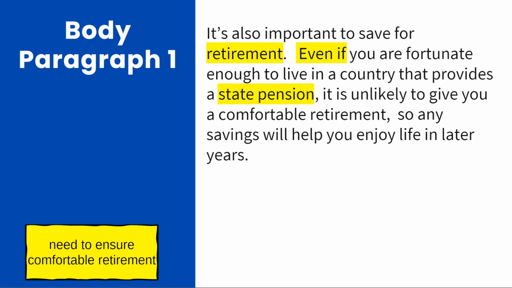Again, this is the kind of language that IELTS examiners want to see for a band 7 or above. State pension. And another good example of collocation is this, a comfortable retirement. A comfortable retirement means you have enough money to get by. You might not be rich when you're retired, but you've got enough money to enjoy yourself.